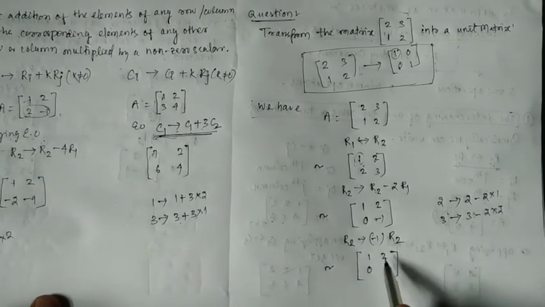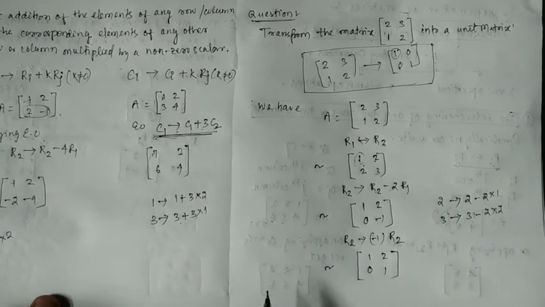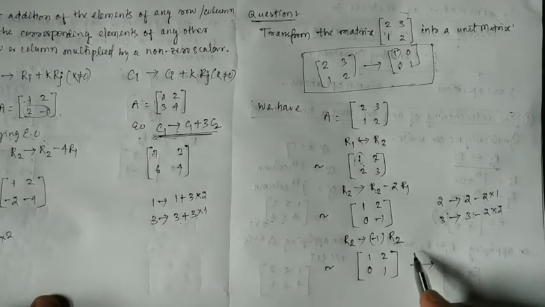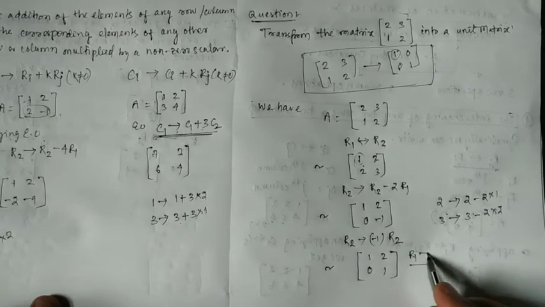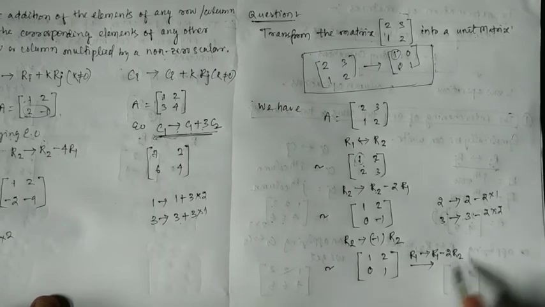Now we have to convert this 2 into 1. So applying the elementary operation, R1 is replaced by R1 minus 2 times R2.